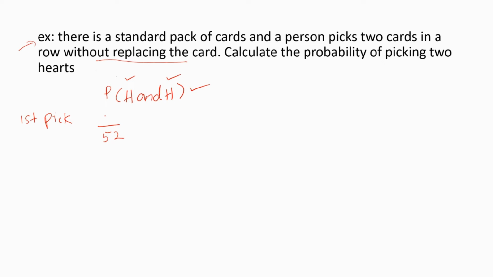And how many hearts in a pack? There are 13 hearts. So this is the probability of picking a heart in the first pick. So first heart equals 13 over 52. We can simplify this to 1 over 4.